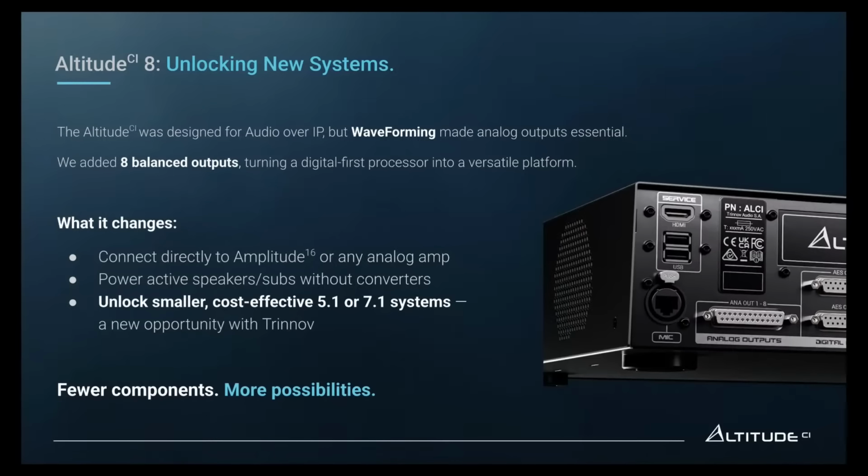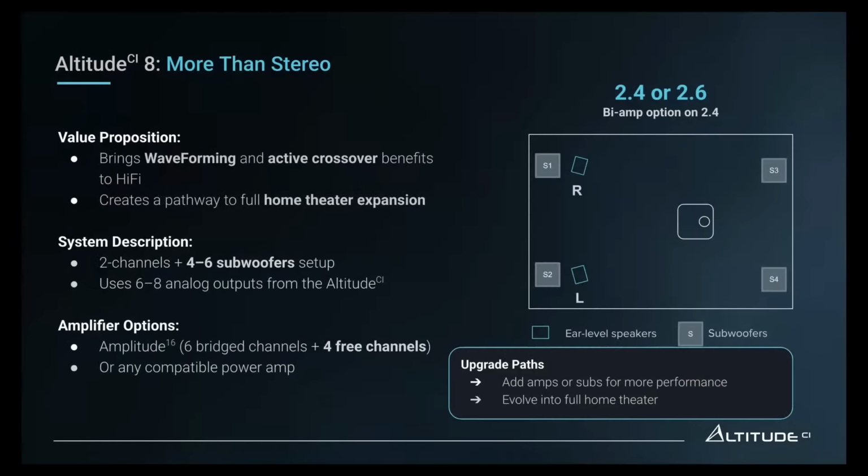Once you get past 8, that's when you start looking mostly at audio over IP, or possibly those AES EBU outputs. So let's look at a couple of cases just to give you an idea of what we're thinking of here.